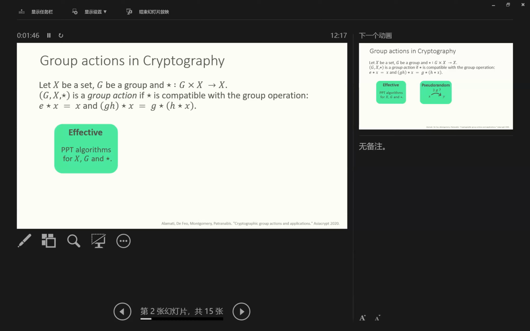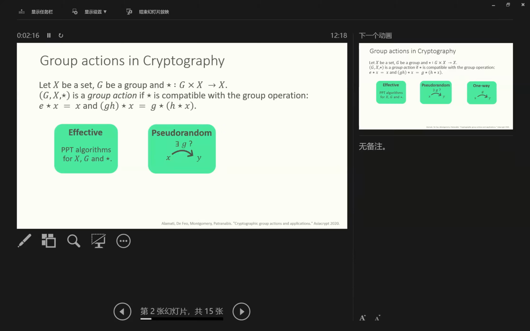Okay, to build cryptography, we want our action to be effective. This means that there must exist probabilistic polynomial-time algorithms for our objects. So we want to do equality tests efficiently for X and G. We want to make products and inversions in G, and of course compute star efficiently.